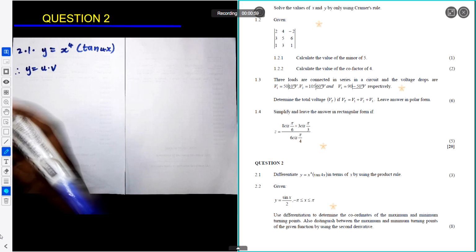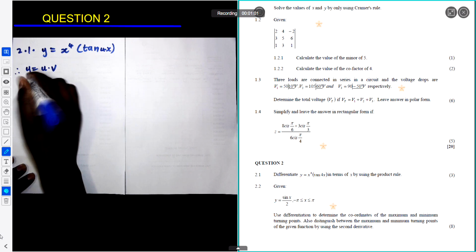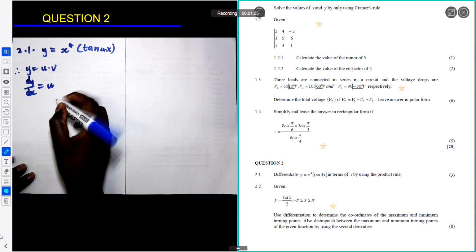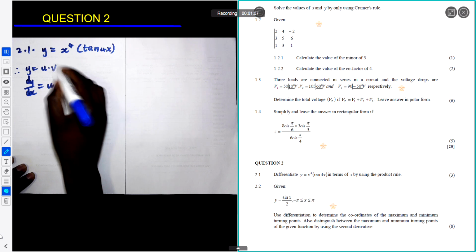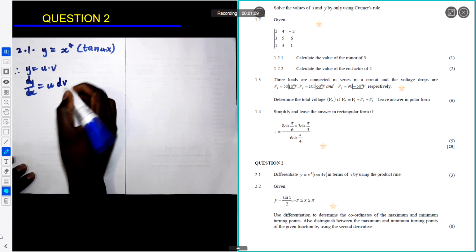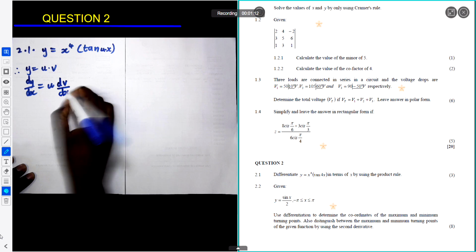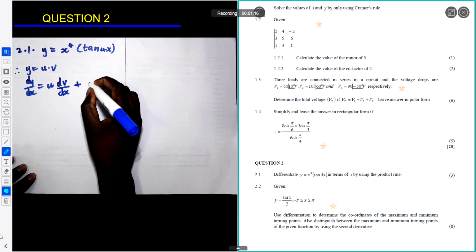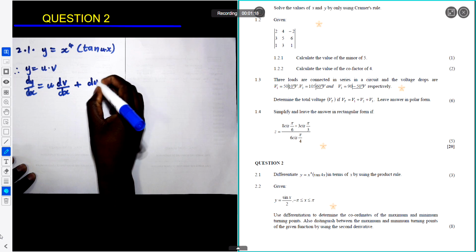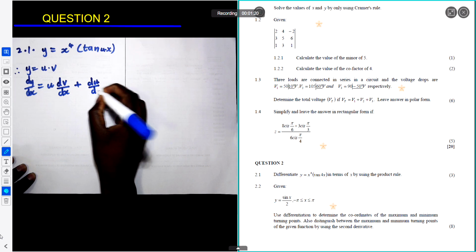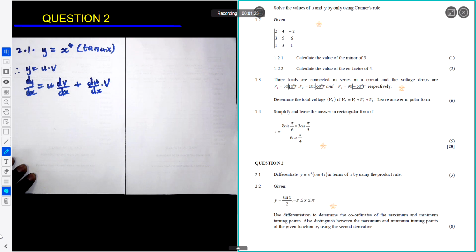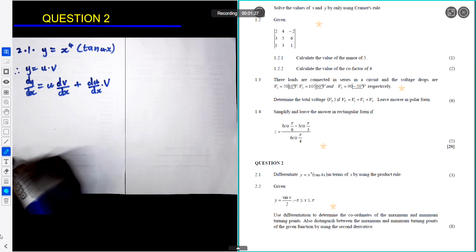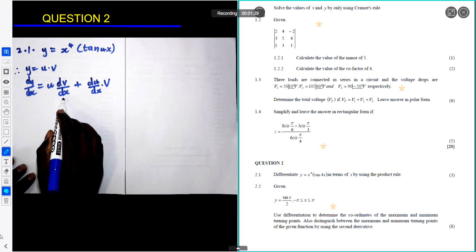According to the national formula sheet, when we're derivating, we multiply the first function by the derivative of the second function, plus the derivative of the first function, u, in terms of x, multiplied by the second function. So we have du over dx multiplied by v. The first term is u times dv over dx.